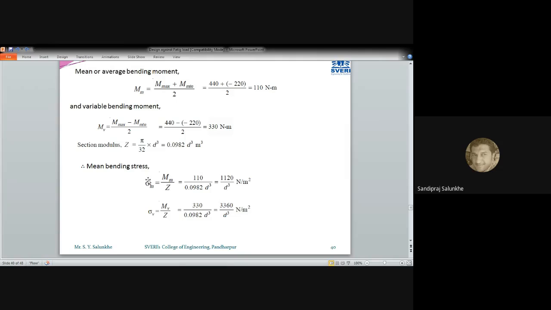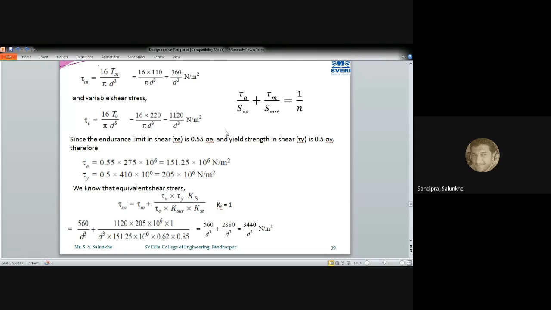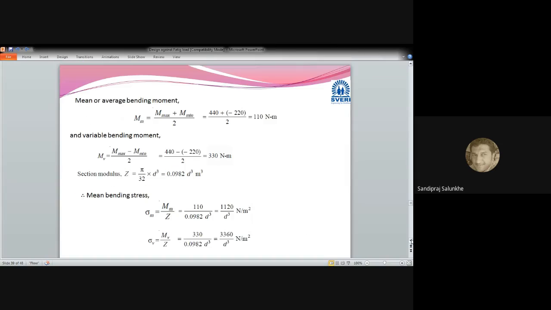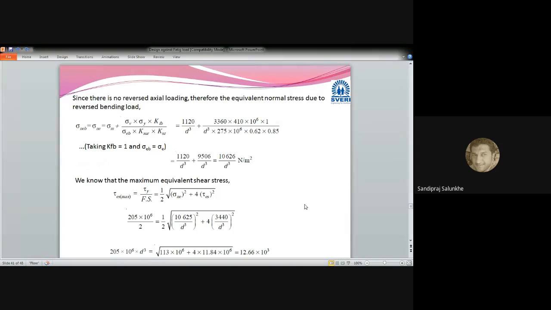Now this bending stress and shear stress are acting combinedly on that shaft. This is the shear stress which we have calculated. We will use the previous relationship which we have learned in AME for calculating the actual shear stress. Later on we'll see it.